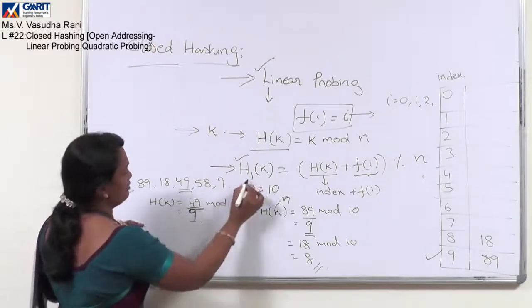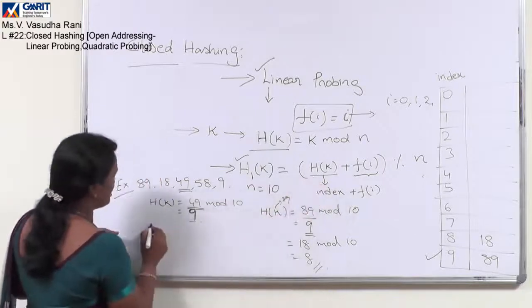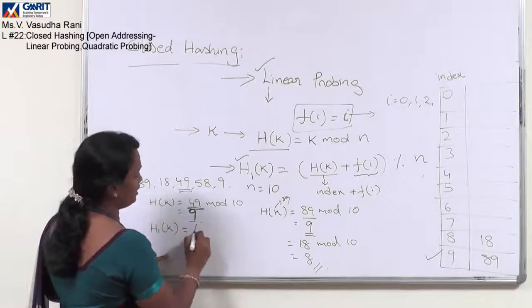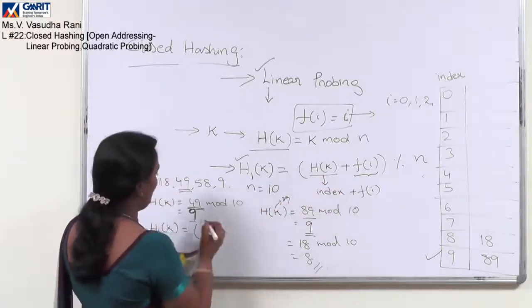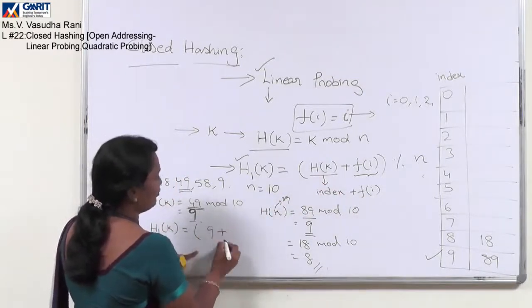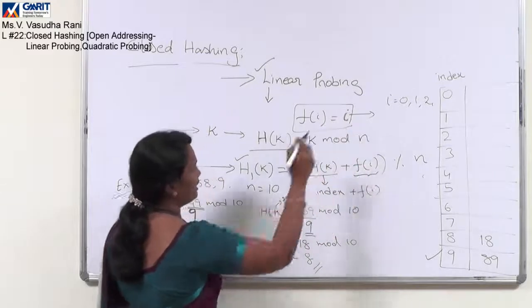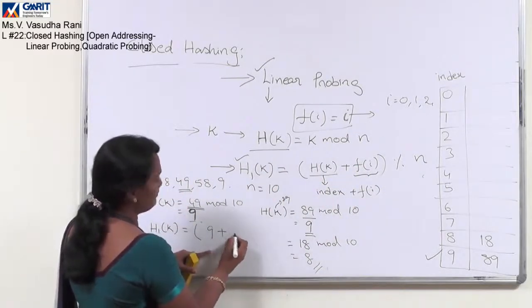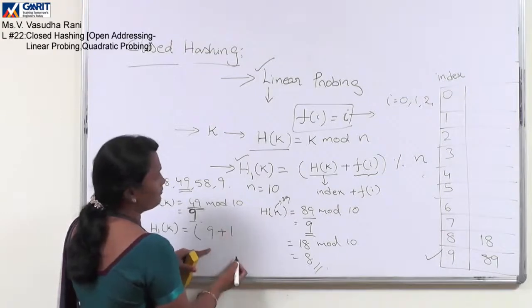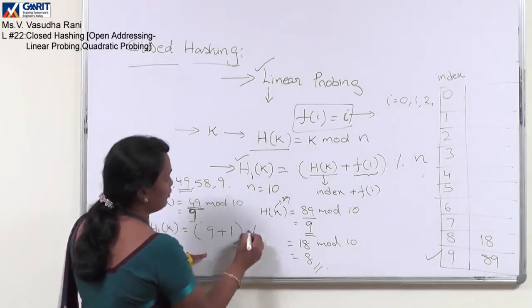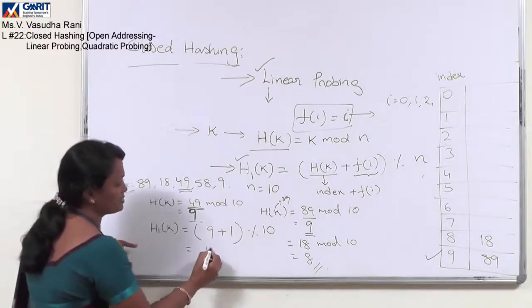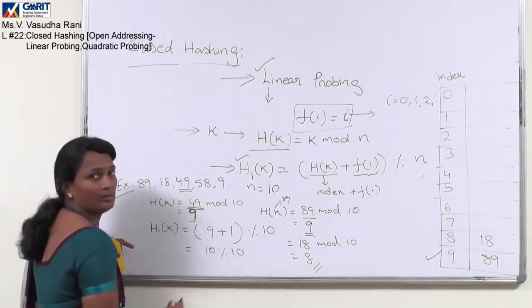For this, we have to use our h1 of k now. h1 of k equal to h of k, which is 9, plus f of i. The first value of i is 0, but let us take from 1. So it is 1 mod table size, which is 10, so 10 mod 10.